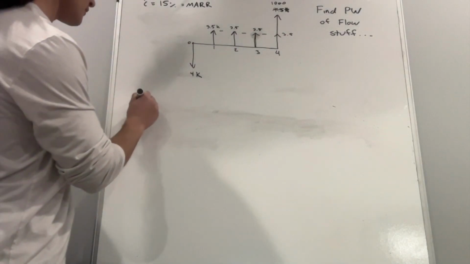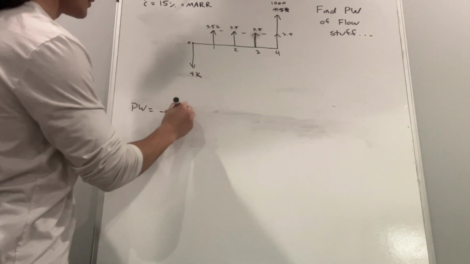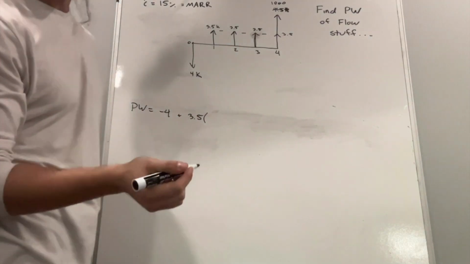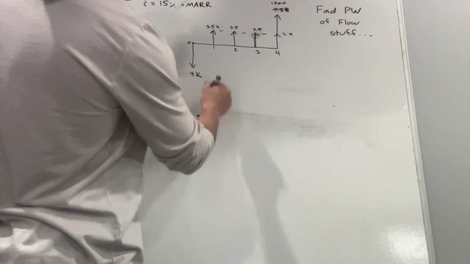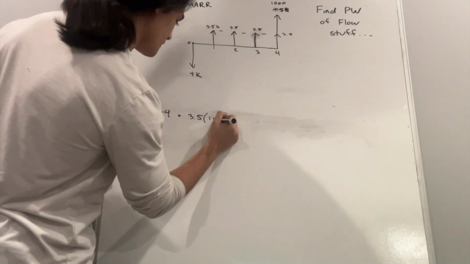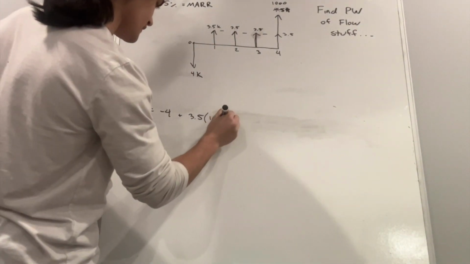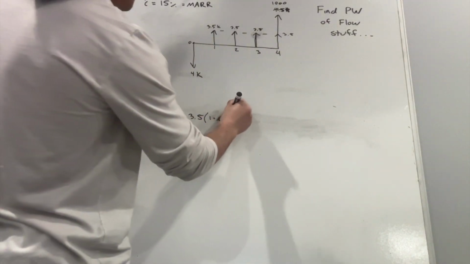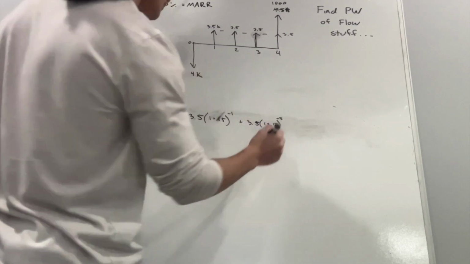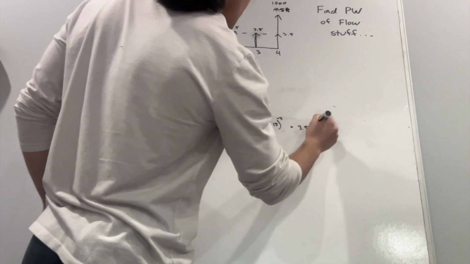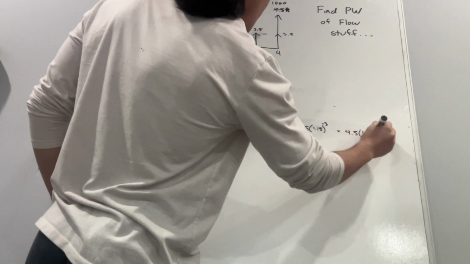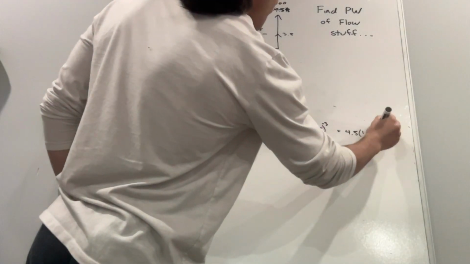PW equals negative 4 plus 3.5, and I'm just going to write the actual equation, so 3.5 times 1 plus 0.15 to the negative 1, plus 3.5 times 1.15 to the negative 2, plus 3.5 times 1.15 to the negative 3, plus 4.5 times 1.15 to the negative 4.